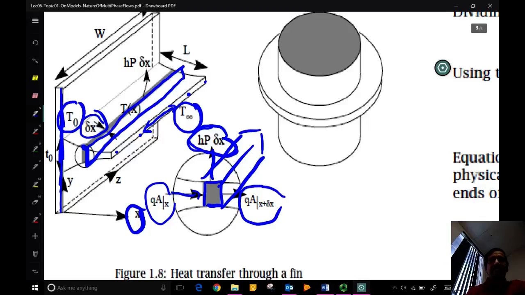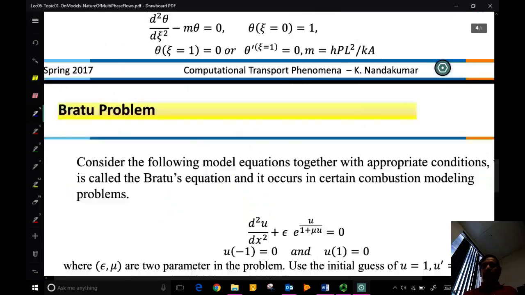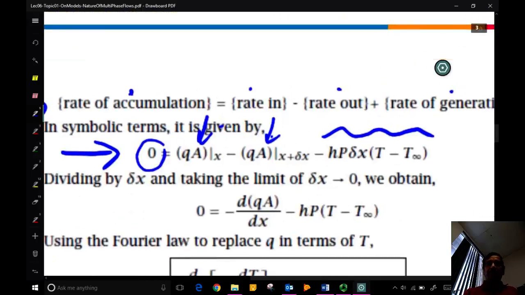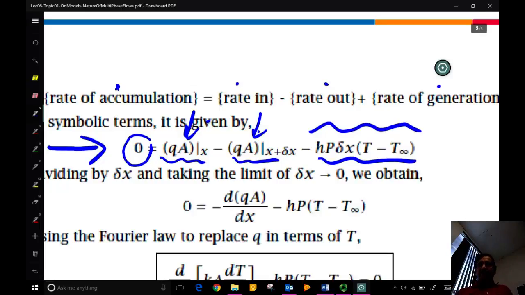And h times P delta x times T minus T infinity, where T is the local temperature at this particular point, a function of x, and T infinity is the ambient temperature. So this is the energy coming in from the left side, energy leaving the control volume from the right side, energy leaving from the top and the bottom, and maybe a little bit from the edges.